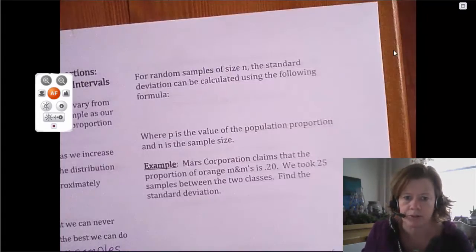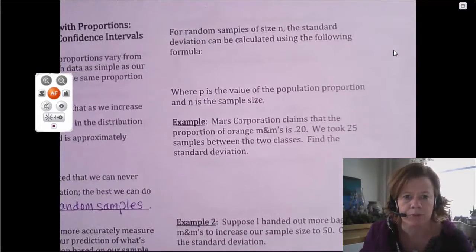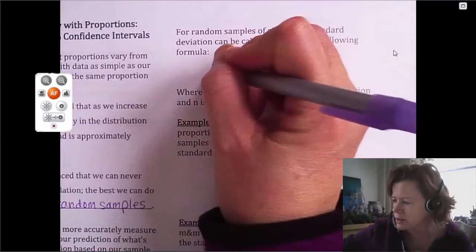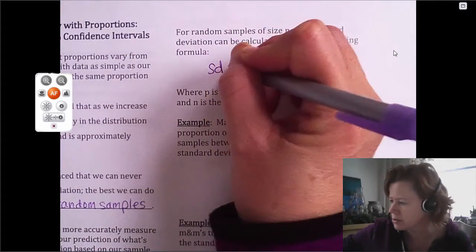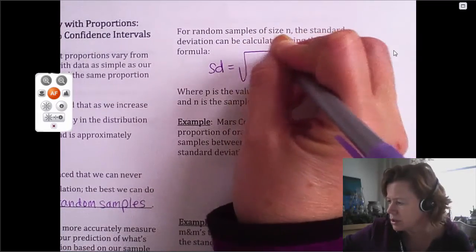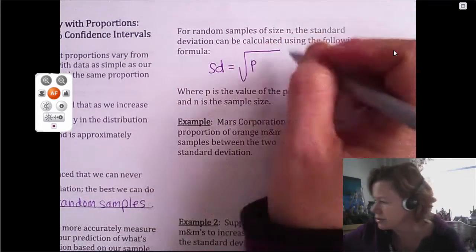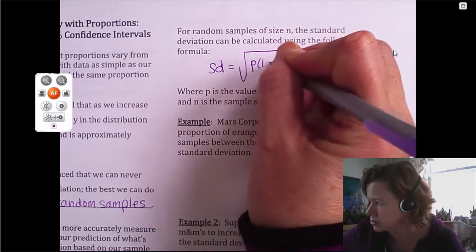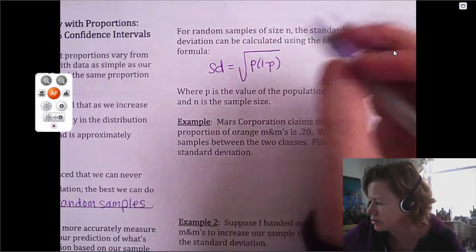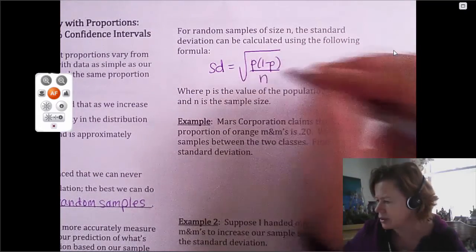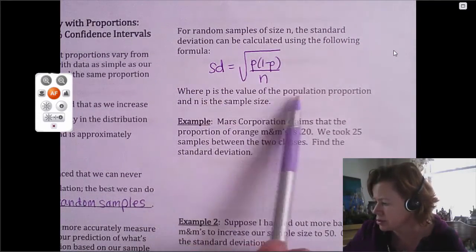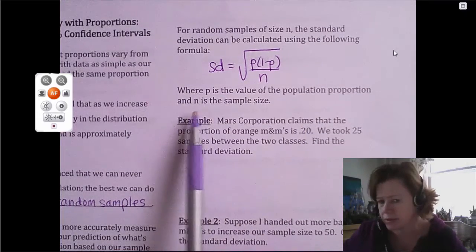On the next page. For random samples of size n, the standard deviation can be calculated using the following formula. Standard deviation is equal to the square root of the proportion that we know times 1 minus that proportion over n, where p, again, is the value of the population proportion and n is the sample size.